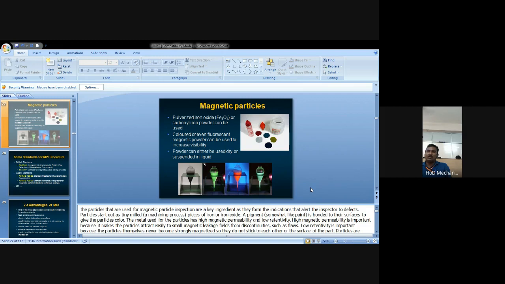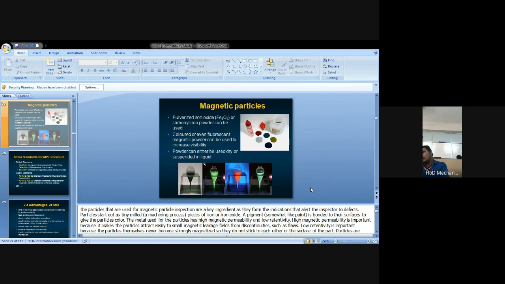That is iron oxide; if it is in small particles, it is called pulverized iron oxide. Carbonyl iron powder can also be utilized for this type of MPI inspection. And we also have colored or even fluorescent magnetic powder, which can be used to increase the visibility of the MPI inspection.